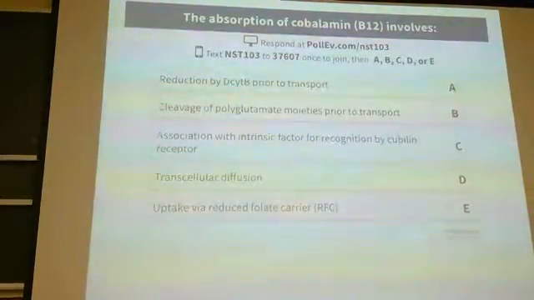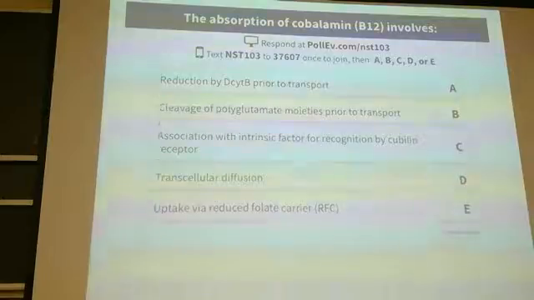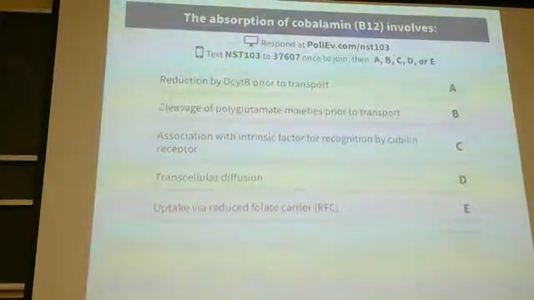There are some long answers, so I'll give you a minute to think about this. Because you associate with intrinsic factor, cubilin. Vitamin B12 and intrinsic factor.